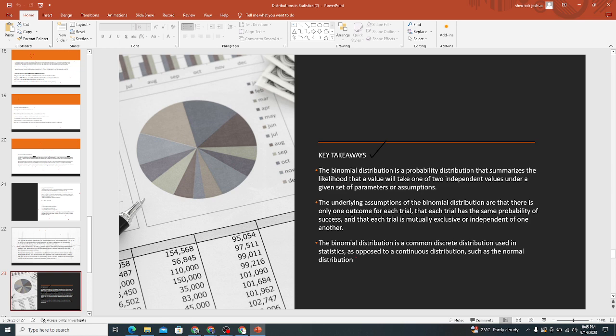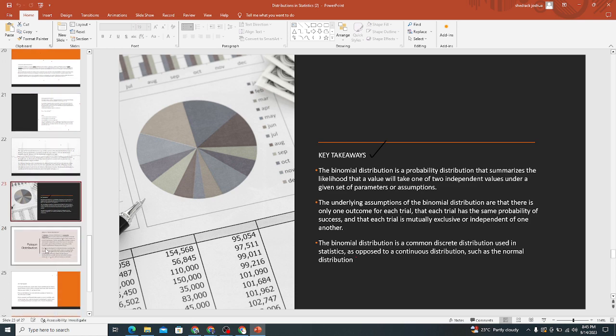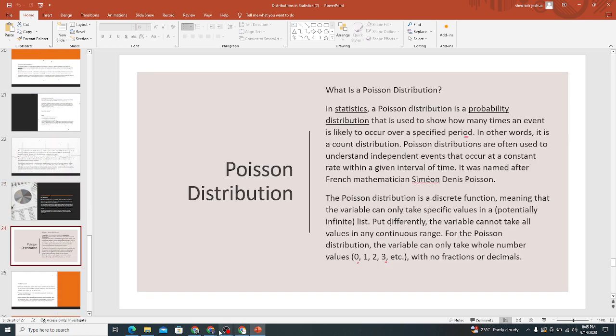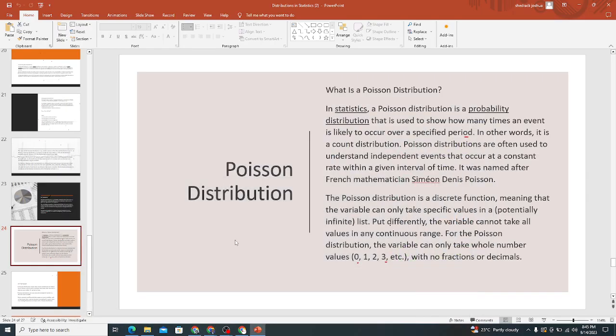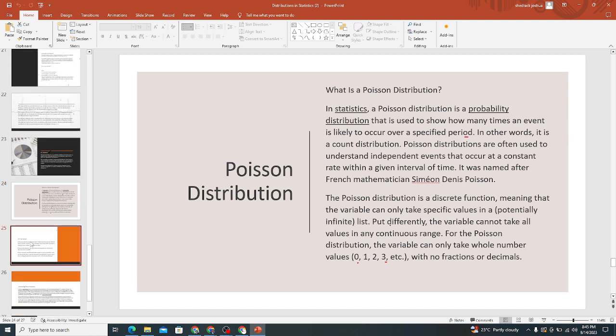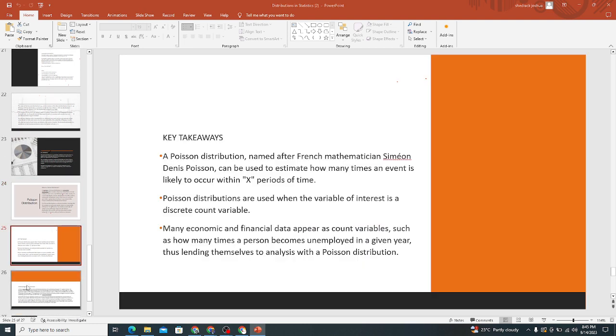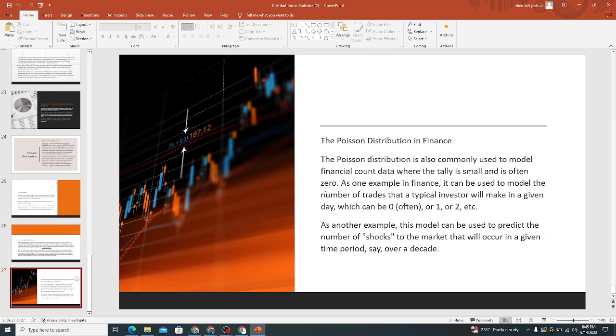Then we'll check our takeaways. Then we'll go to Poisson and see what Poisson basically is.